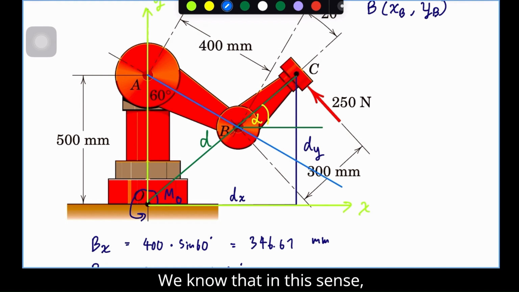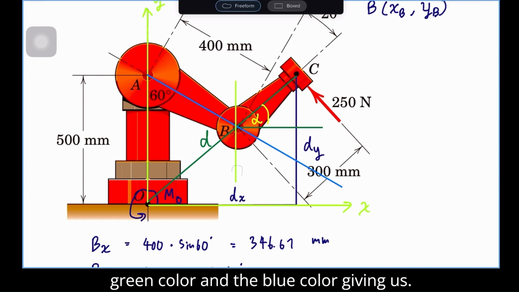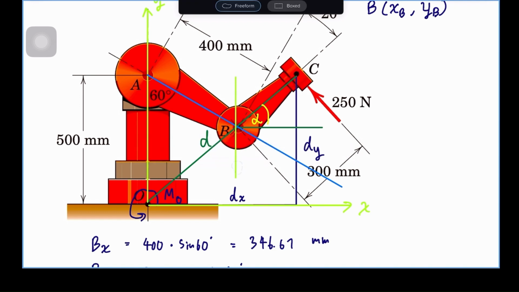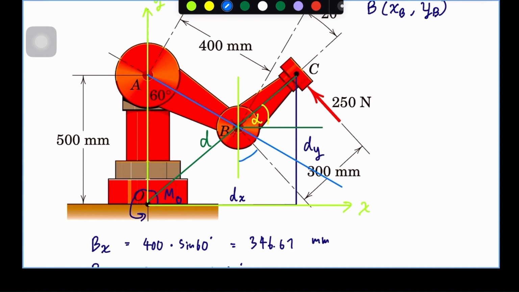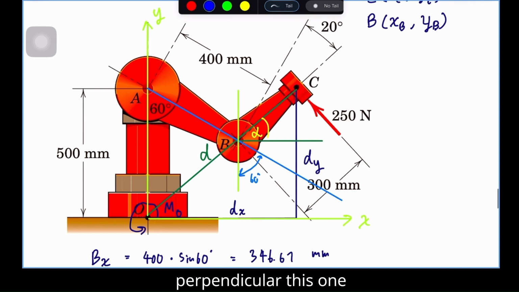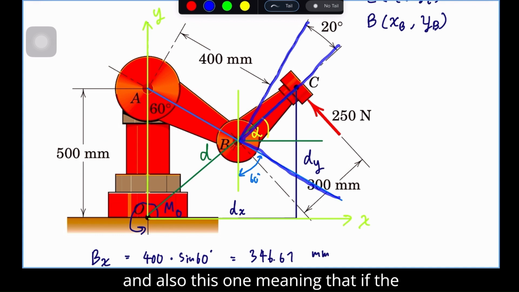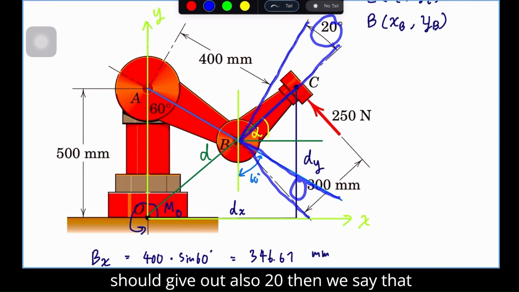We know that in this sense, the light green line and the blue line give us 60 degrees for the angle here. Since these two lines are perpendicular, this one and also this one, meaning that if the angle here is rotated 20 degrees, this should also give us 20.